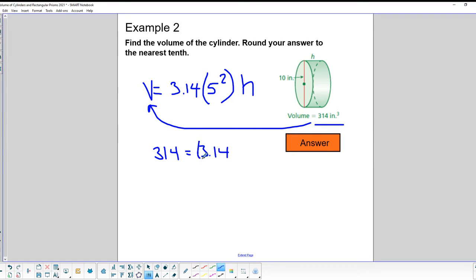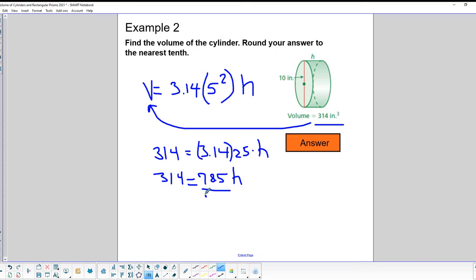3.14 times 25, which is 5 times 5. And all of that is times by height. So now we're going to do a division here. We've got 3.14 times 25. And when we do that calculation on our calculator and come back with a number, we will have 78.5H equals 314.